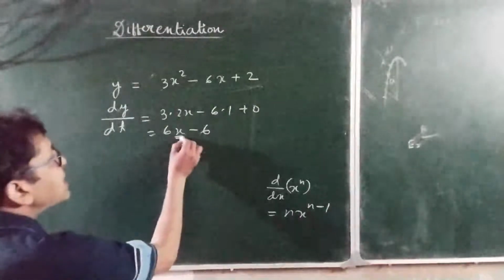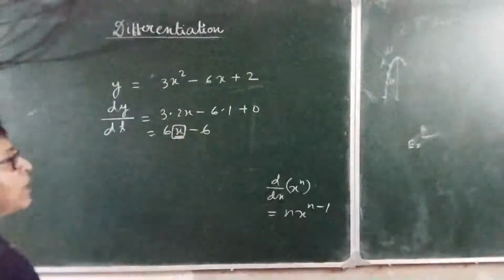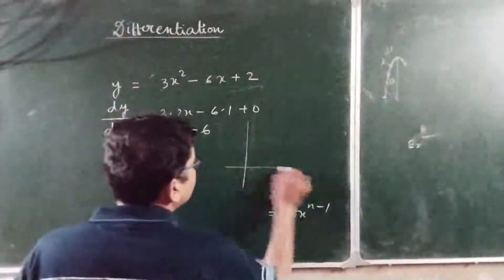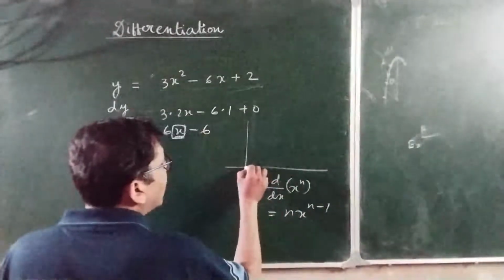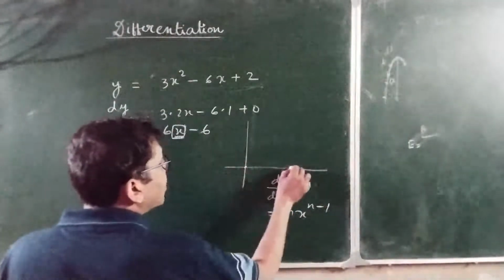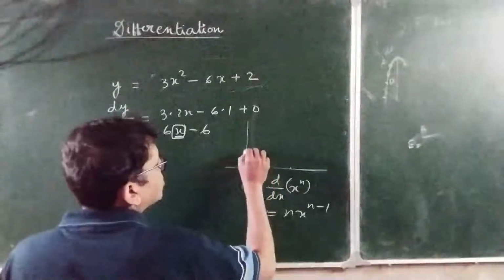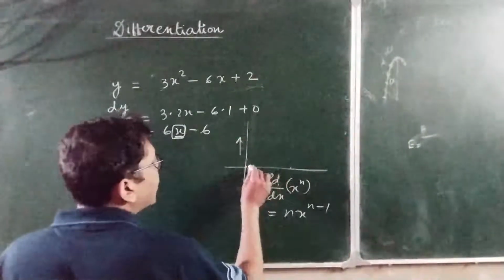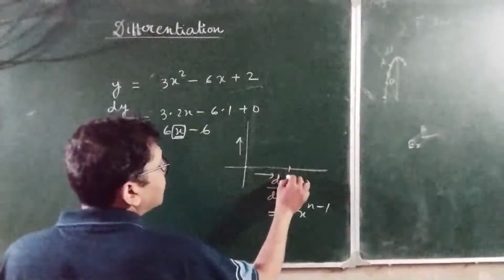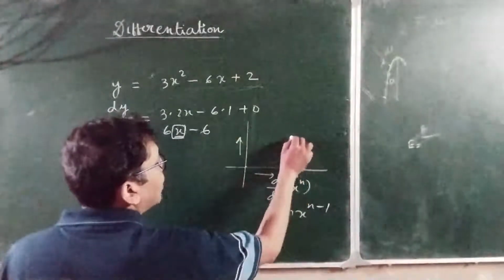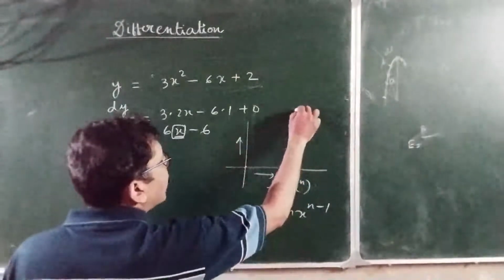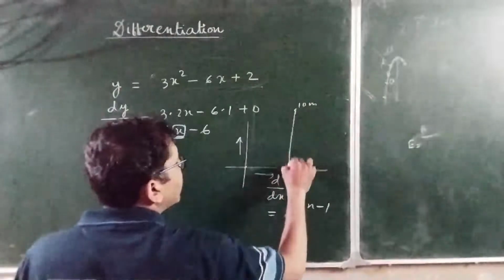This represents the position of the particle. Suppose it starts from here, and suppose this is the displacement-time graph, and at time 6 seconds it reaches a distance of 10 meters. This is 10 meters.